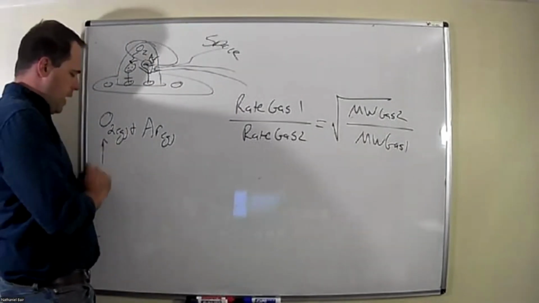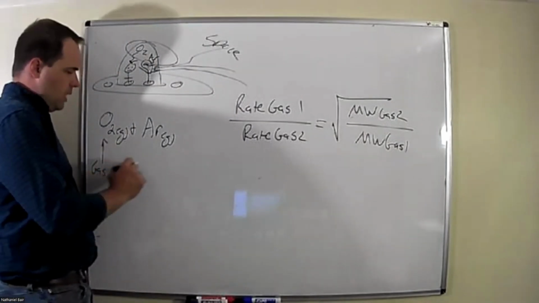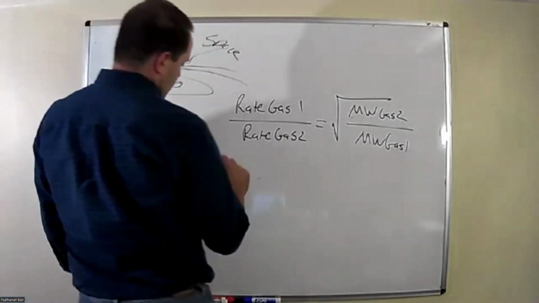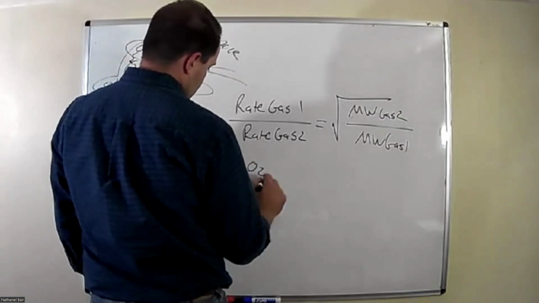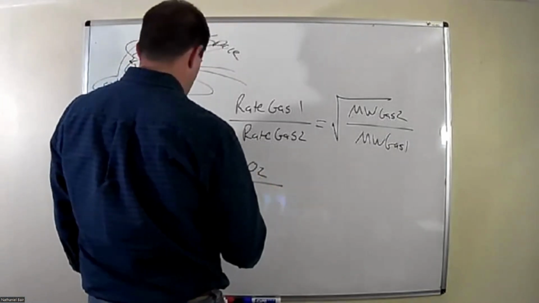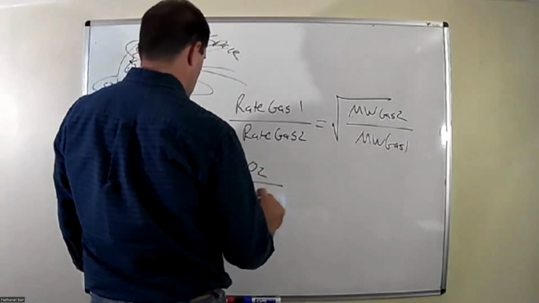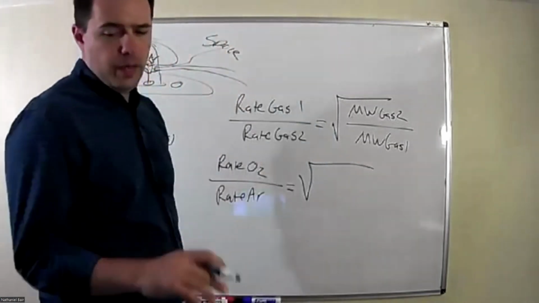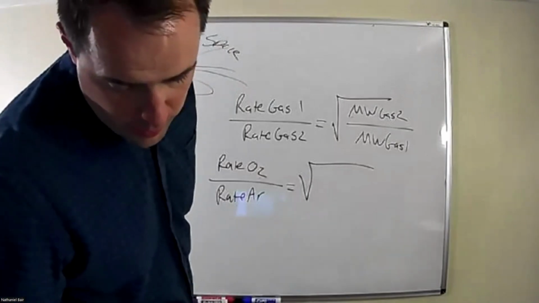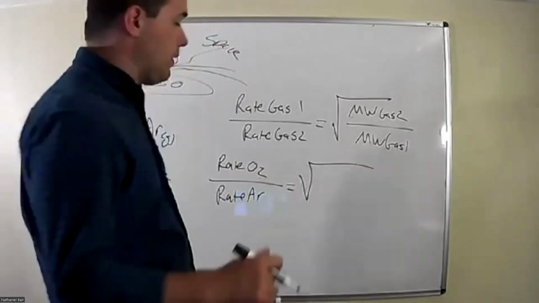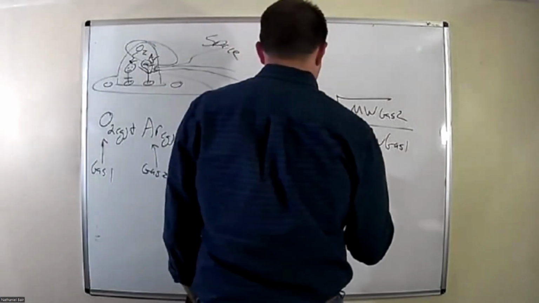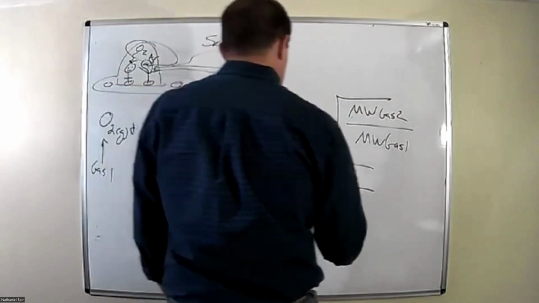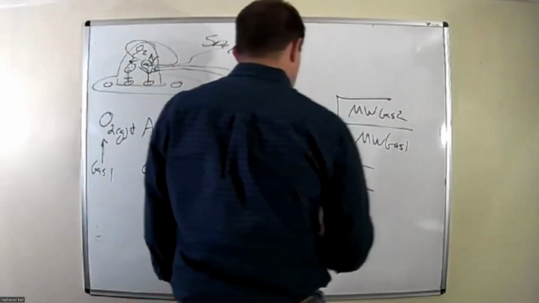We can call the oxygen gas 1 and the argon gas 2. So the rate that the oxygen effuses divided by the rate that the argon effuses is equal to the square root of the molecular weight of argon, 39.95, divided by the molecular weight of oxygen, which is 32.00.